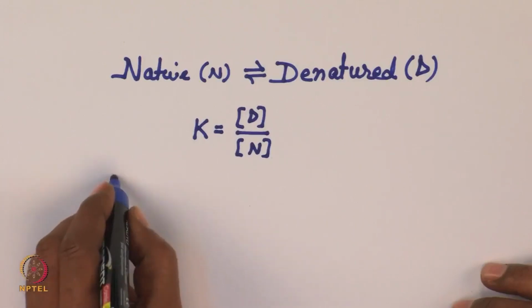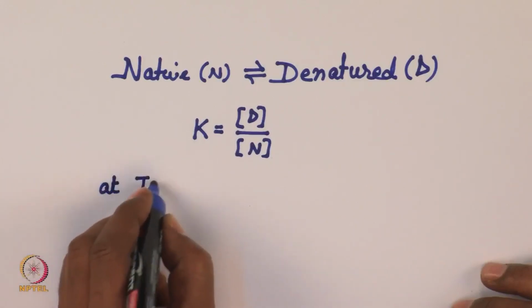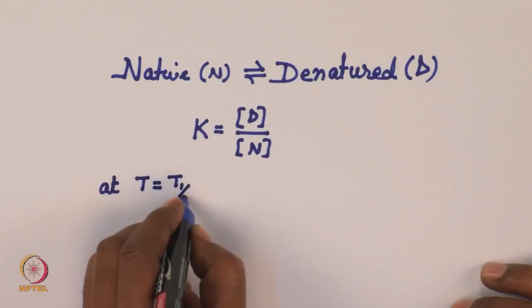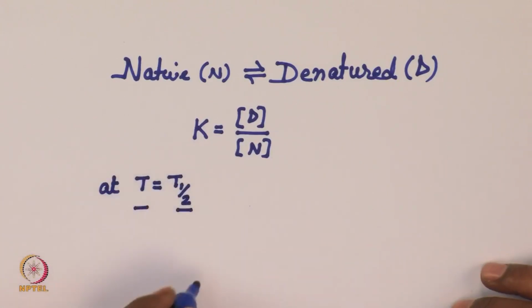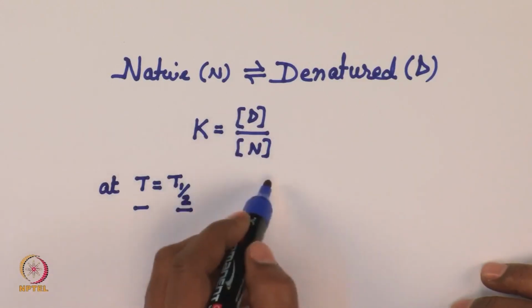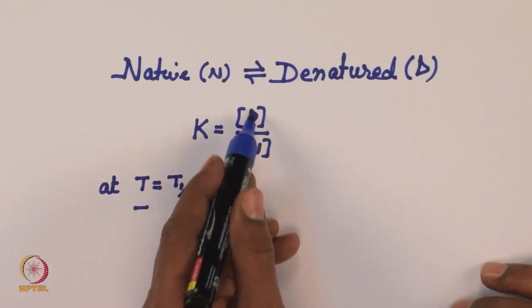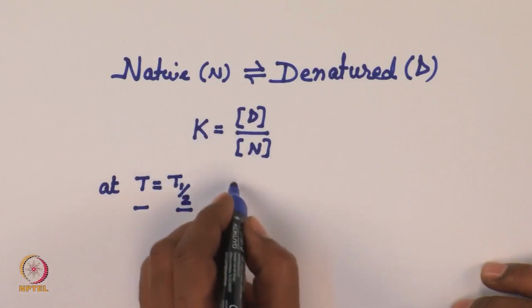Now, at T equal to T half, that is where the reaction is half complete. When the reaction is half complete, then both these concentrations will be the same. Concentration of D will be N by 2, this will be N by 2.